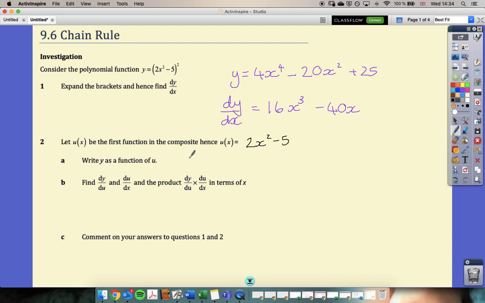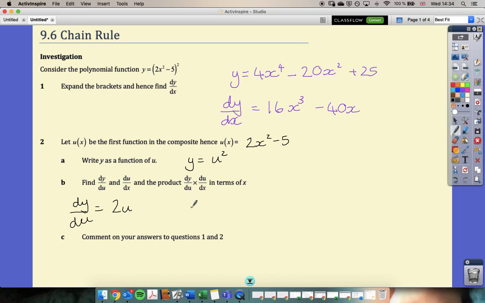If we want to write y as a function of u, it would be y equals u squared, because we're squaring u. Next, we're going to find dy by du. We're going to differentiate this with respect to u. So I will get 2u, multiply by the power, reduce by 1.